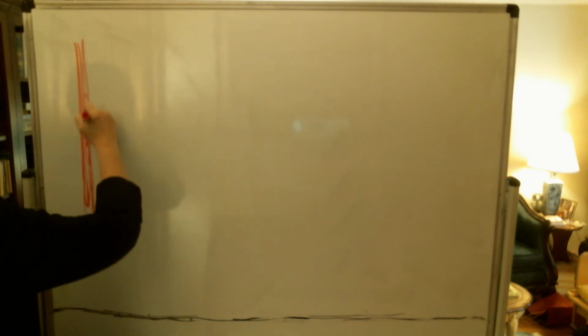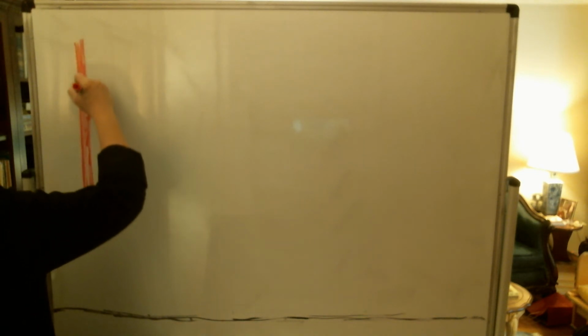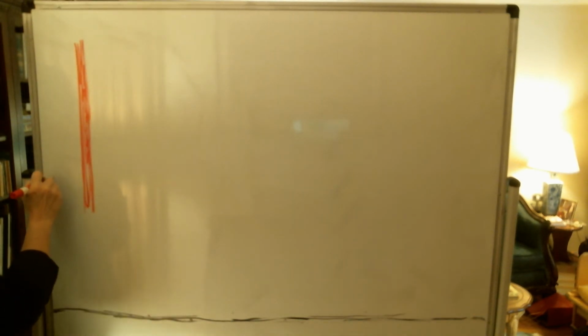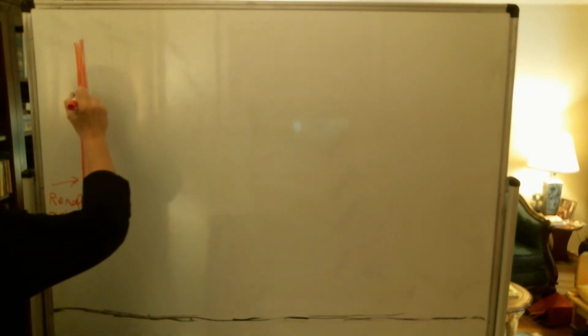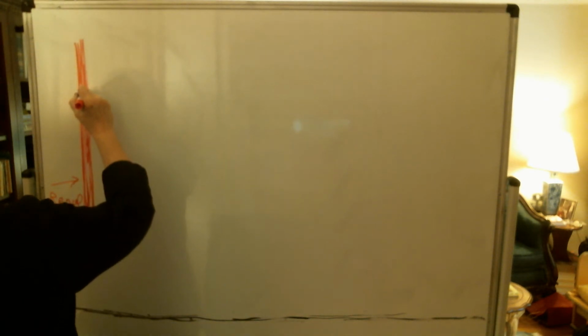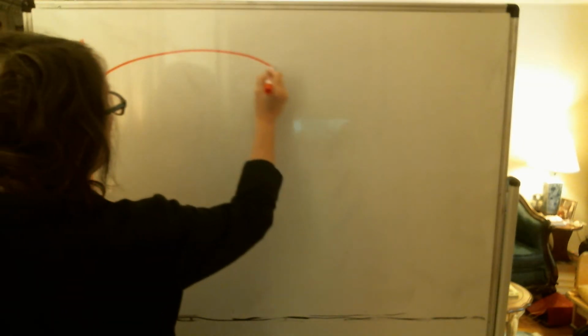So here is the first part of my drawing you a nephron. So this is strictly diagrammatic, but I think it'll help get you where you need to go. So over here, I'm using red for blood. And what we have here is the renal artery. And off of the renal artery, we then have an arteriole.